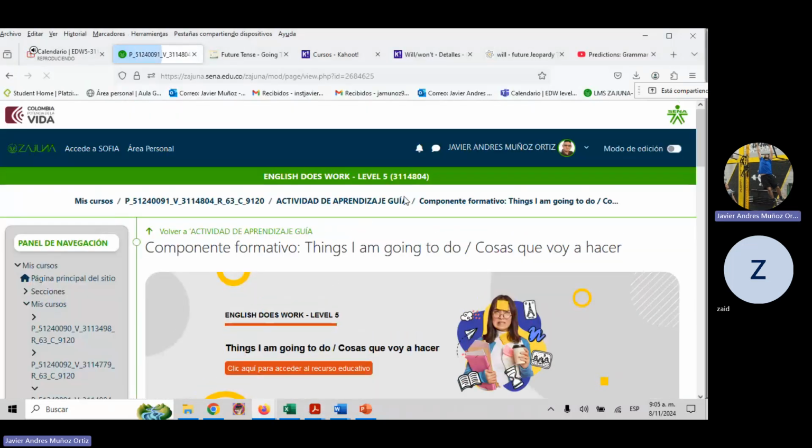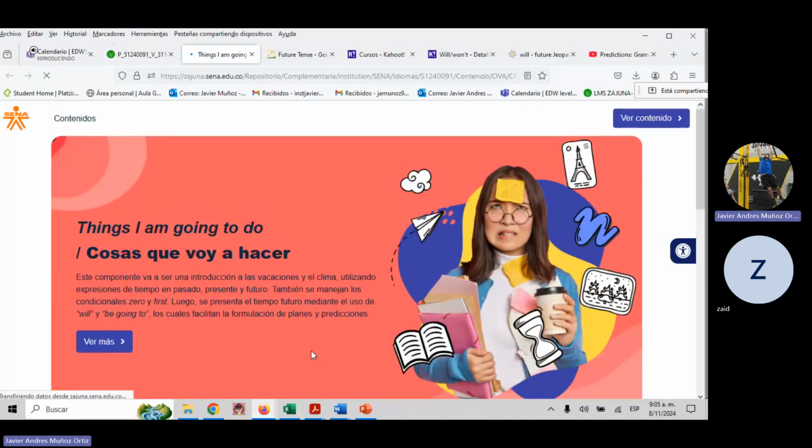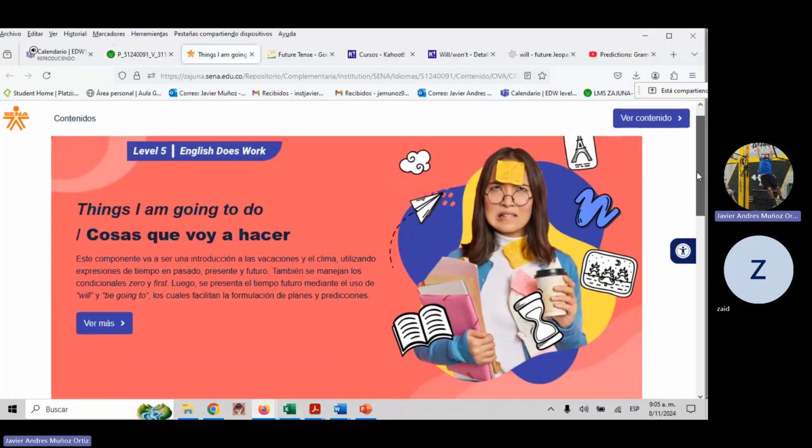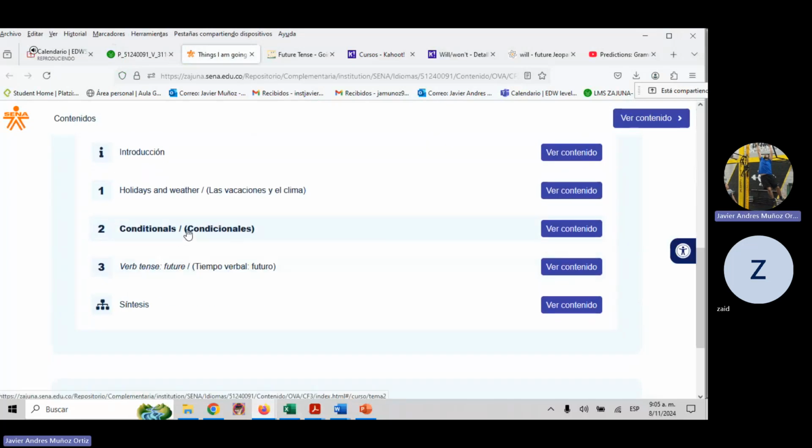Here, we're going to see that the information is based on conditionals, mainly conditionals. We are going to need the future tense in order to understand how to create conditionals. Therefore, our evidence must use conditionals.